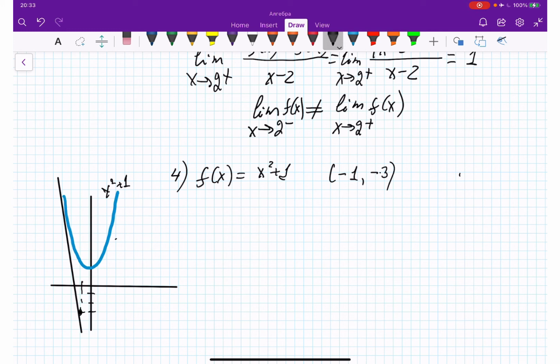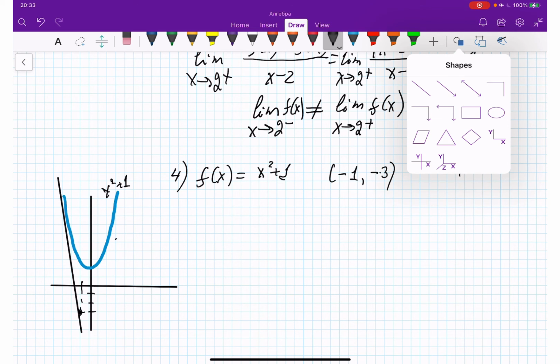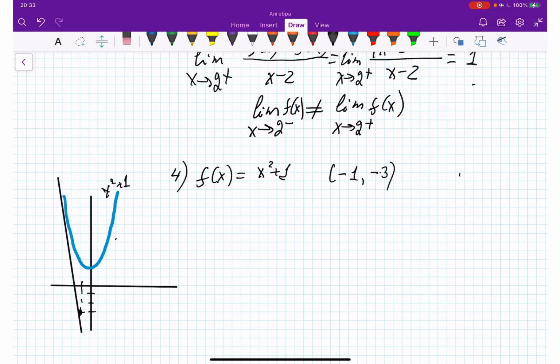Something like that, right? And the other one is going to be like this. So it's touching this point here, and here it is touching this point.